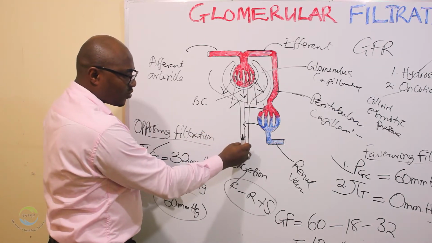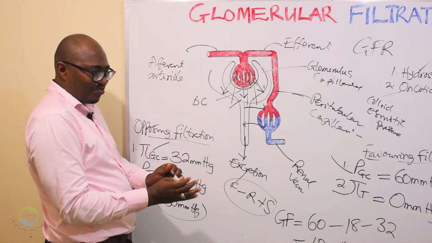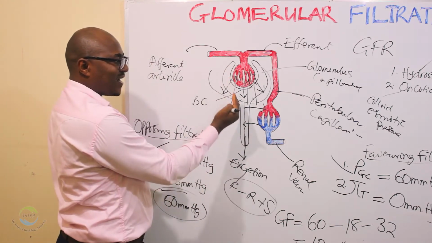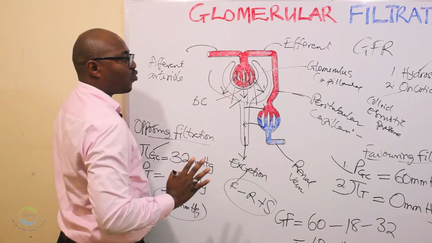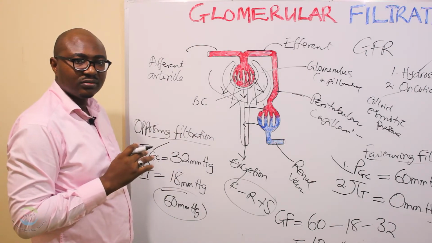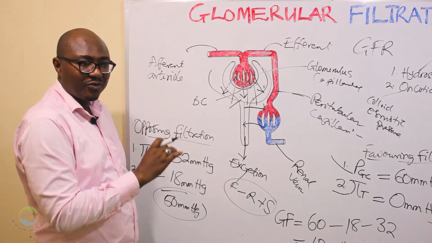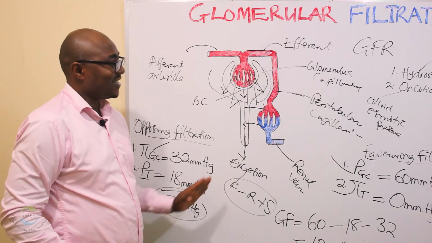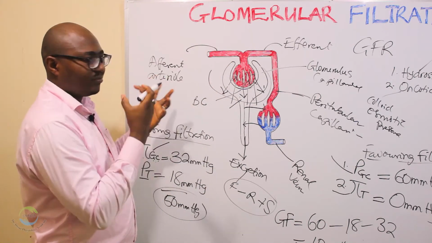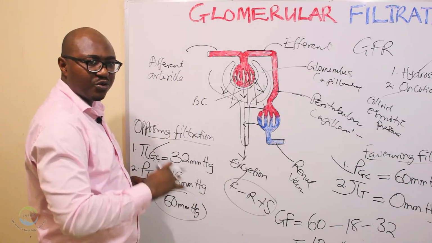You know, this thing continues and joins collecting ducts and becomes the ureter. So anything that will block the ureter, like kidney stones, will increase the hydrostatic pressure of this capsule so high and oppose filtration. So people that have kidney stones, it affects their urine formation. Their urine formation is reduced because it's increased. So you see how doctors think, how these things all play a role in determining how urine is formed.